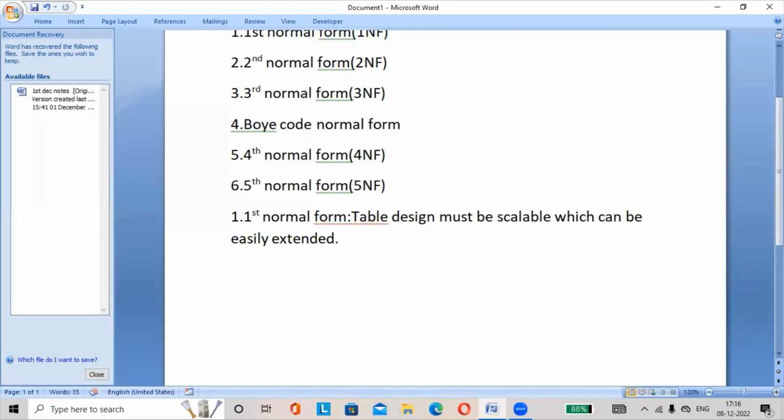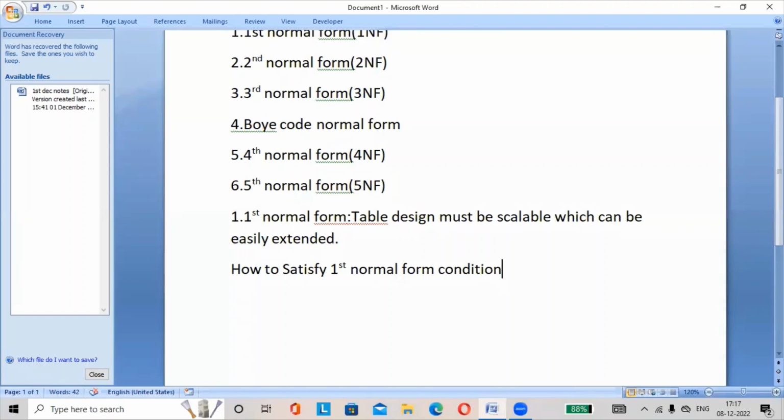Table design must be scalable, which can be easily extended. How to satisfy the first normal form condition?